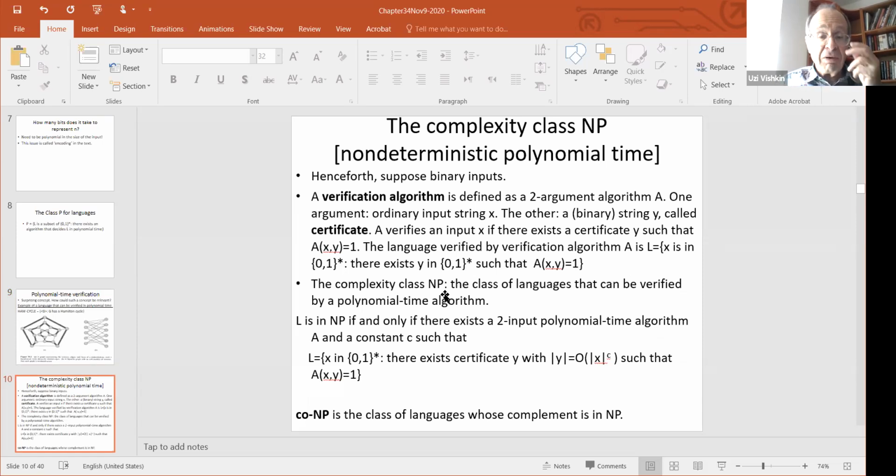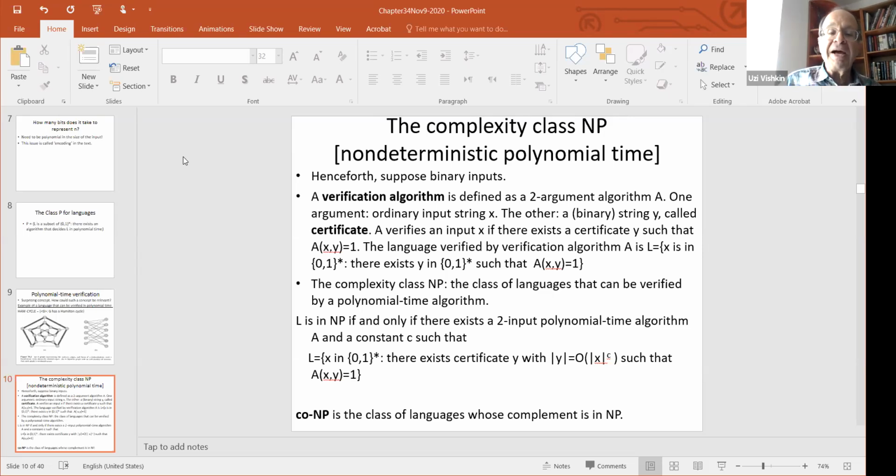So now we are going to advance towards a formal definition of the class NP. And now, for the first time, I'm going to tell you what NP stands for. NP stands for non-deterministic polynomial time.